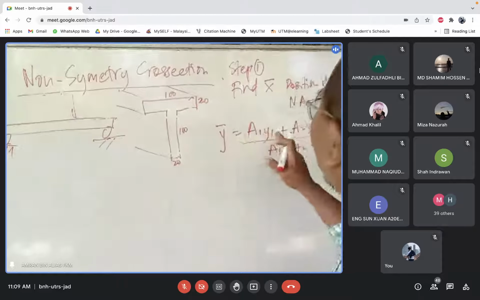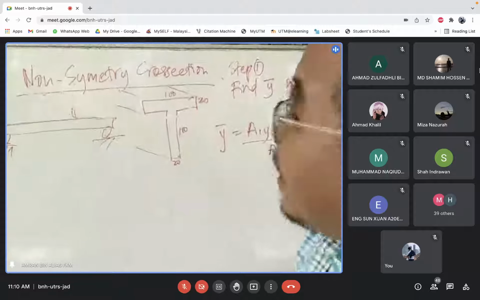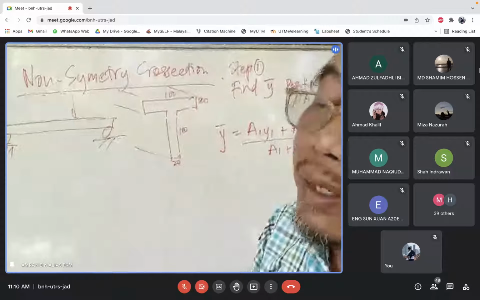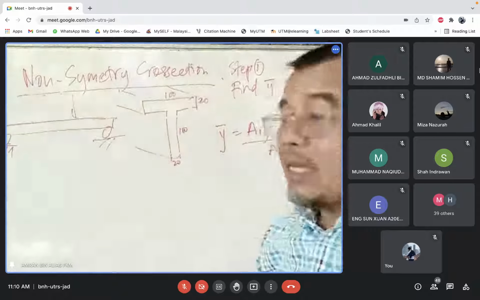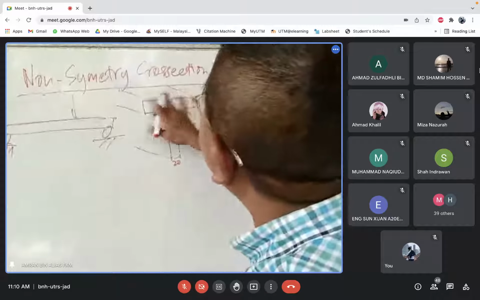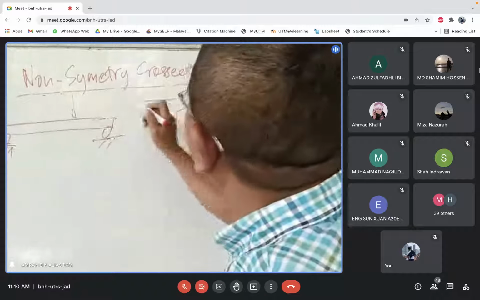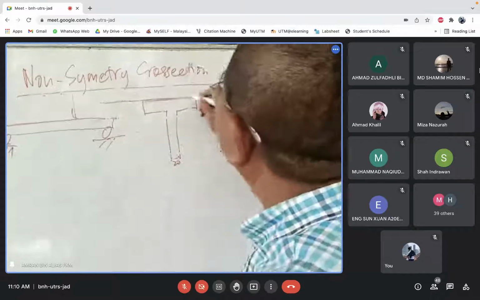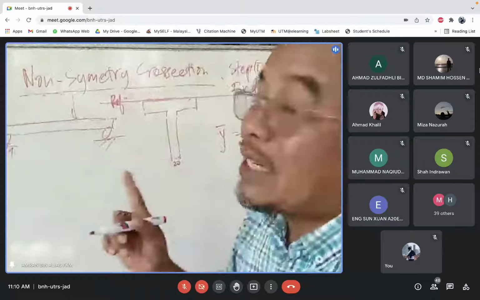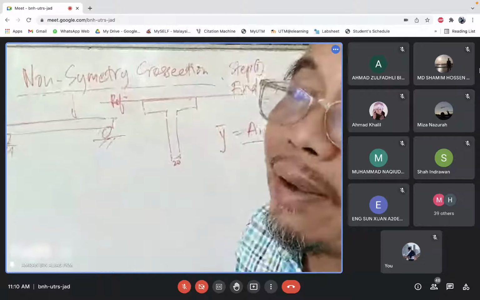So for X or Y bar, whatever it is, you must have a starting reference where you want to measure from. Let's say we want to measure from here. That's your reference. Then you must decide which areas you want to set.